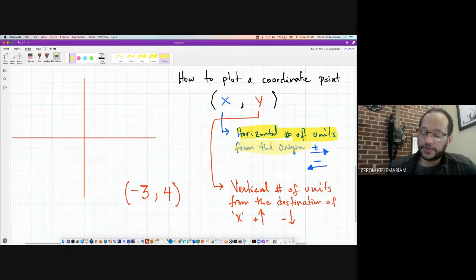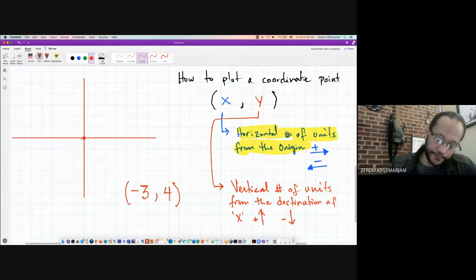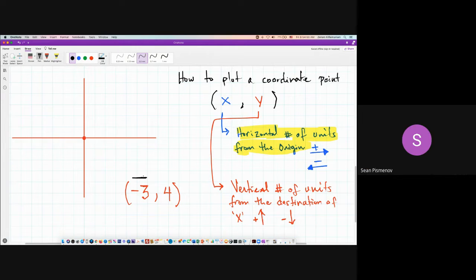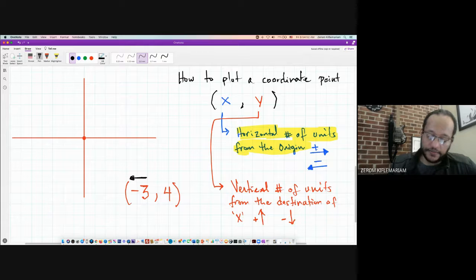The origin is exactly right in the middle here. From that, I am moving to the right or to the left. It would be going to the left because it's negative. So I'll go 3 steps to the left: 1, 2, 3.